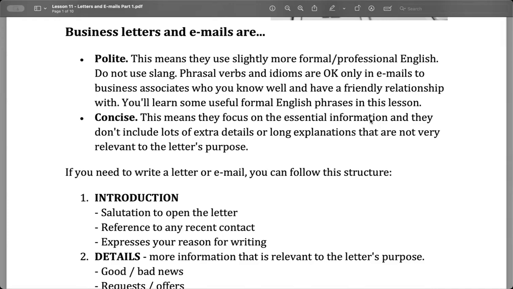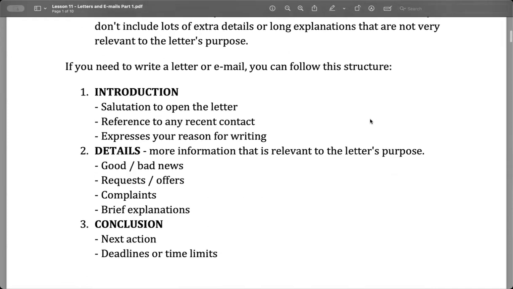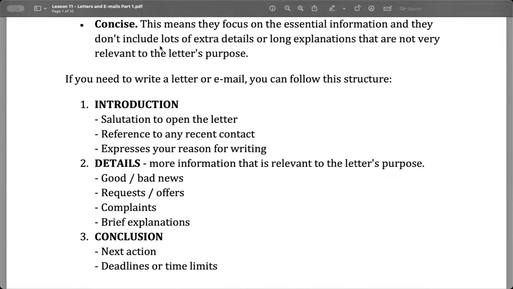If you need to write a letter or email, you can follow this structure. One, introduction: salutation to open the letter, referring to any recent contact, express your reason for writing. Two, detail: more information that is relevant to the letter purpose.